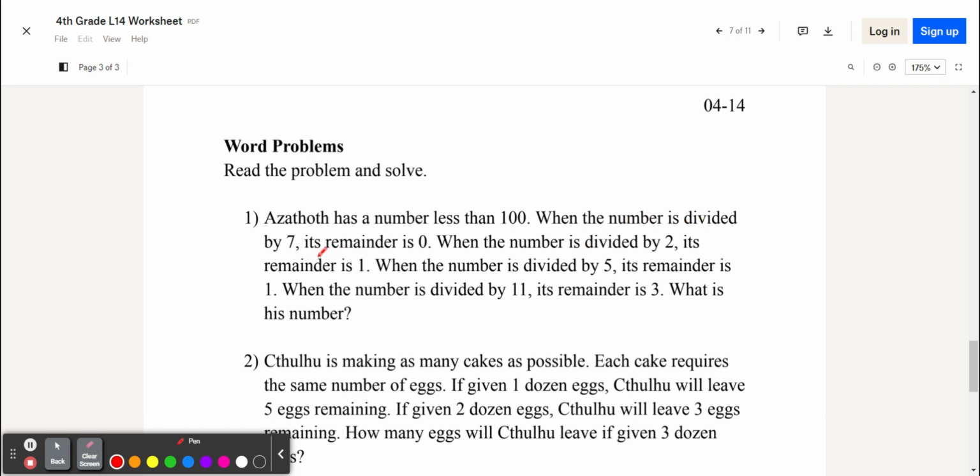So we know from the first part, its remainder is 0 when it's divided by 7. So that means it's divisible by 7. It's one of the multiples of 7.